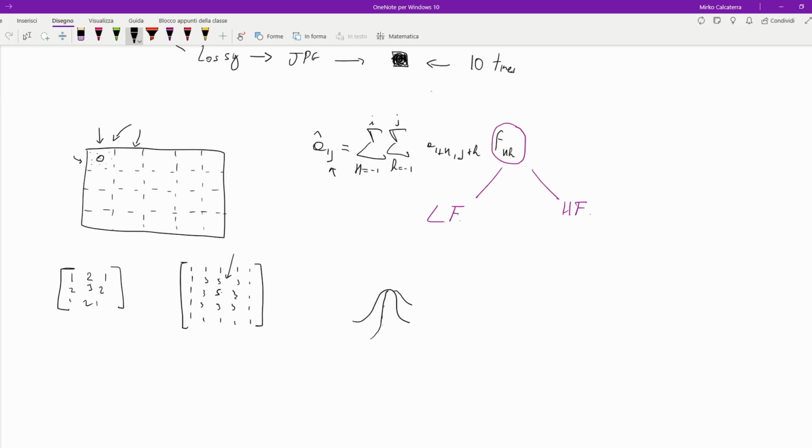Of course, the Gaussian is, as we know, continuous. We have to be careful describing a discrete form in a continuous way. So this was the Gaussian blurring.